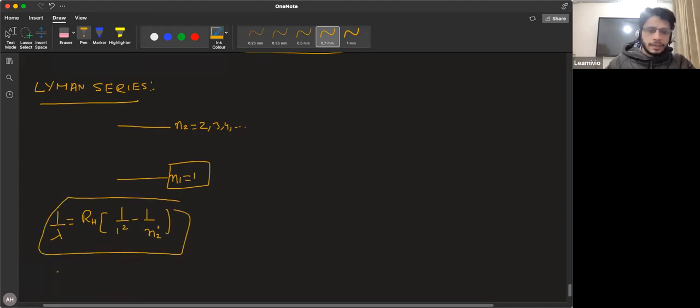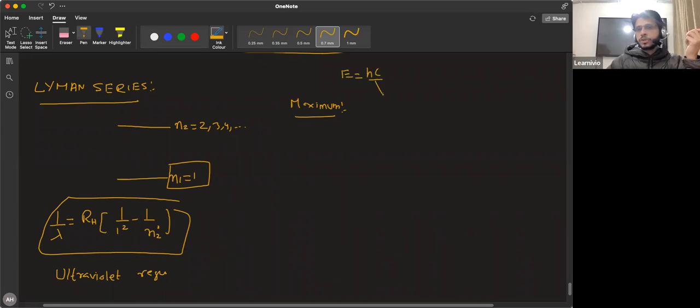The Lyman series lies in the ultraviolet region. Now, there are a few questions like calculate the maximum wavelength of the Lyman series and the minimum wavelength. For maximum wavelength, see, energy is inversely proportional to wavelength. So if the energy difference is minimum, that means wavelength will be maximum.